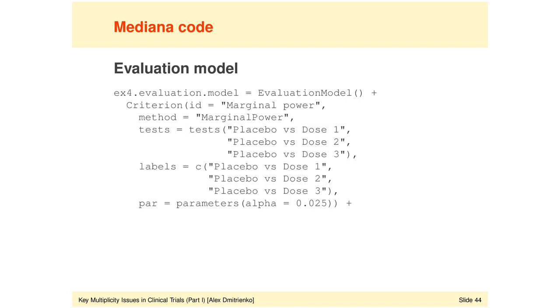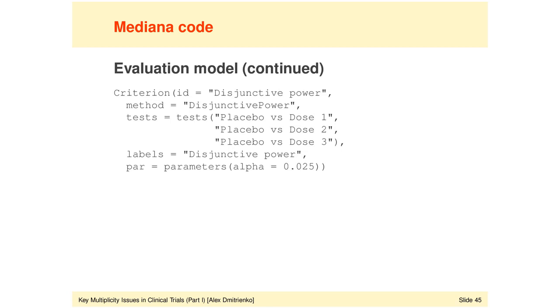We make it clear that this is marginal power. Next, we define the set of tests to which this particular criterion will be applied. We would like to compute marginal power for all 3 dose placebo tests in this clinical trial. Next, we specify the labels. Those are quite arbitrary. They're just used mostly for our convenience. And the last parameter here is the par argument that defines the one-sided alpha level to be used in the success criterion.